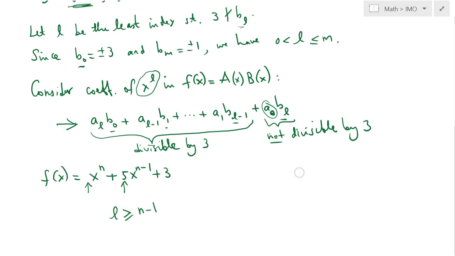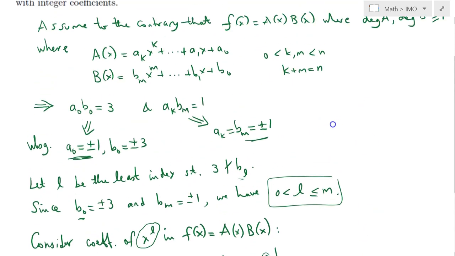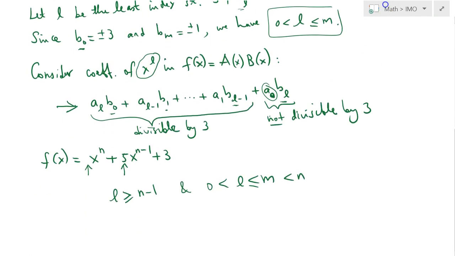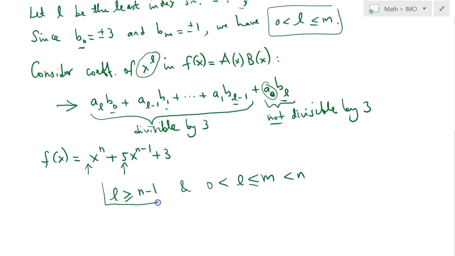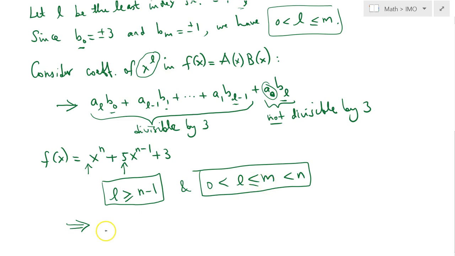But early on, if you remember, we had this other condition. So bringing that back, we have these two conditions. And by the way, m is less than n. We mentioned it way earlier. Combining these two bounds for L implies that there's actually only one possibility, where L is equal to m, which is equal to n minus 1.